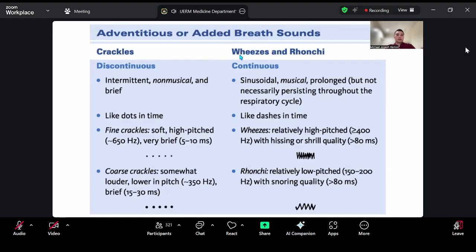Another adventitious breath sound not seen in this slide is your stridor, which is high pitch and is loud enough that you can hear it even without a stethoscope. And it's noticeably loudest during inspiration and is best heard along the trachea. And this would indicate the possibility of an upper airway obstruction due to a probable spasm, stenosis, foreign body aspiration, or an intraluminal tumor.